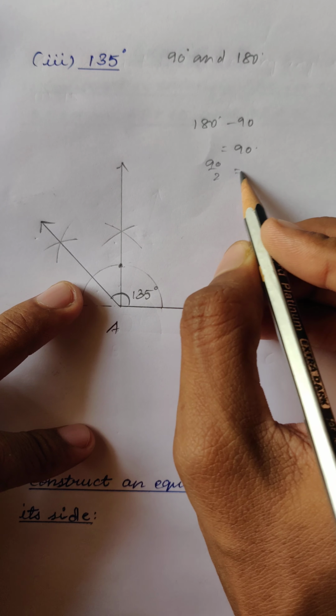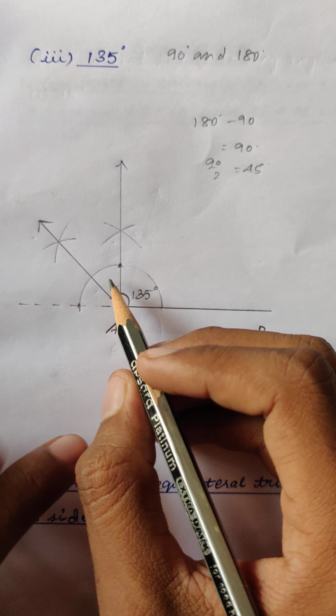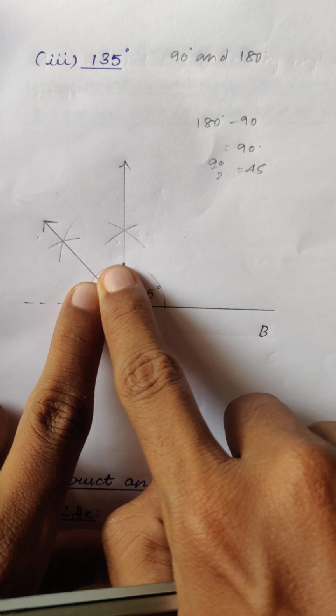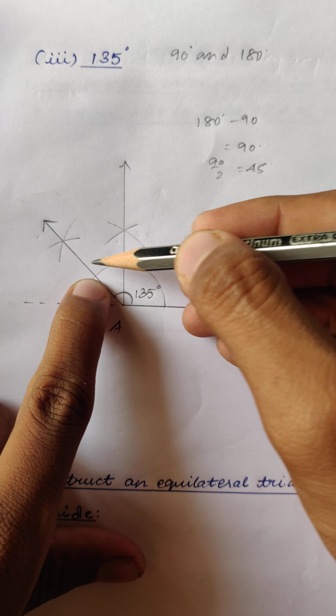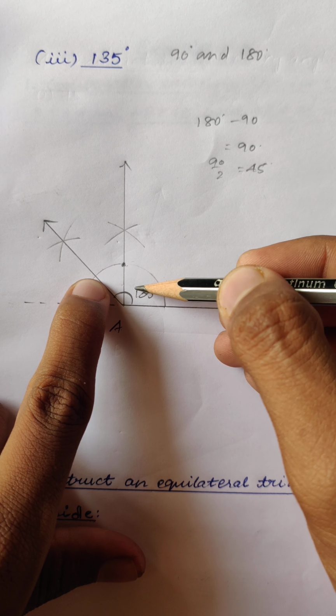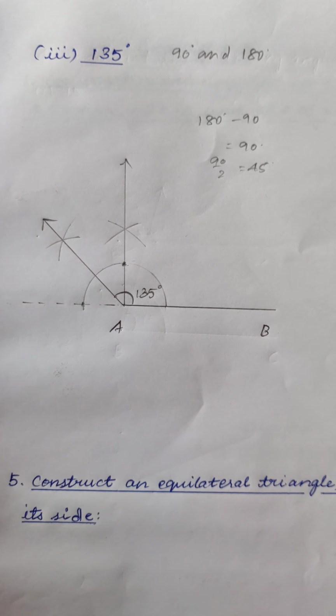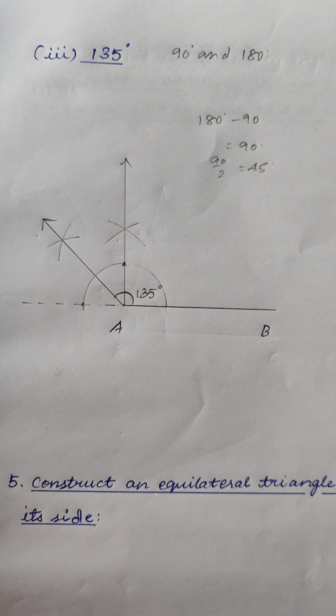Therefore 90 by 2 will be 45. So this portion will be 45, and we know already this is 90. So 90 plus 45 will be 135. This is one of the methods using which we can construct 135 degrees.